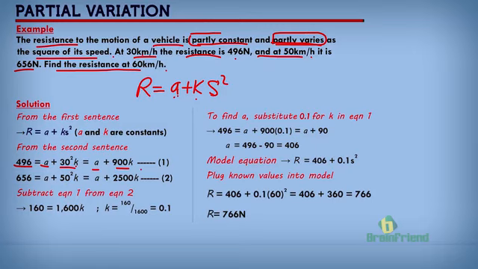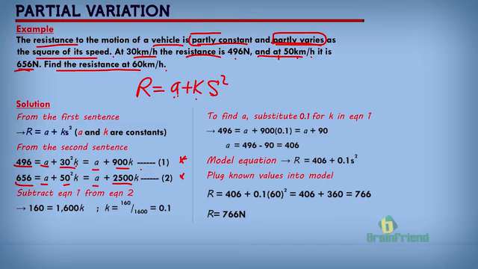Also, to get our second equation, the other values given to us are speed as 50 kilometers per hour and resistance as 656 newtons. So we have 656 is A plus 50 squared, and 50 squared is 2,500. So we have 656 is equal to A plus 2,500K. This gives us our first and second equation.